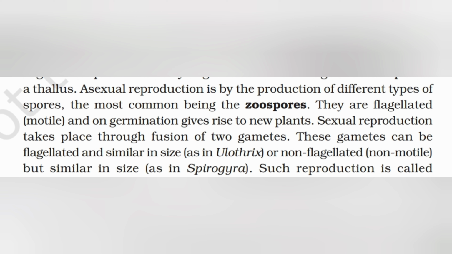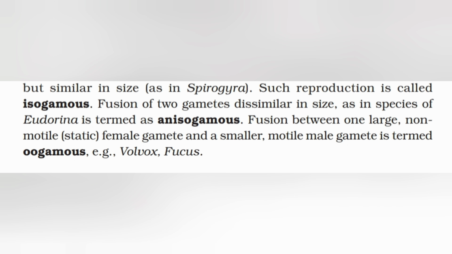Sexual reproduction takes place through fusion of two gametes. These gametes can be flagellated and similar in size as in Ulothrix, and non-flagellated and similar in size as in Spirogyra. Such reproduction is known as isogamous. Fusion of two gametes dissimilar in size, as in a species of Eudorina, is termed anisogamous.